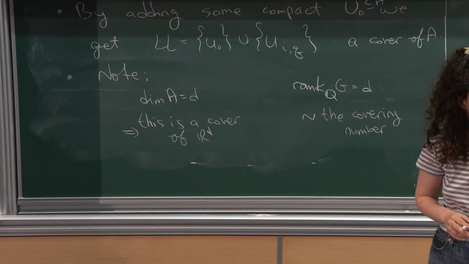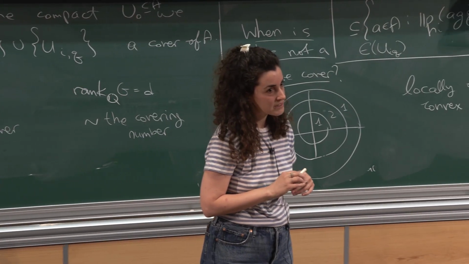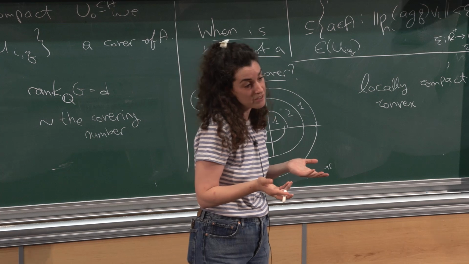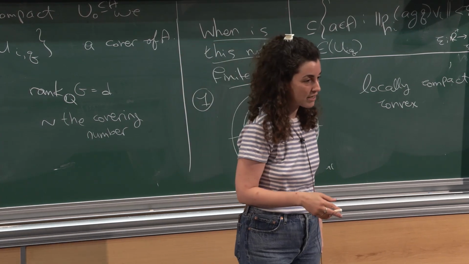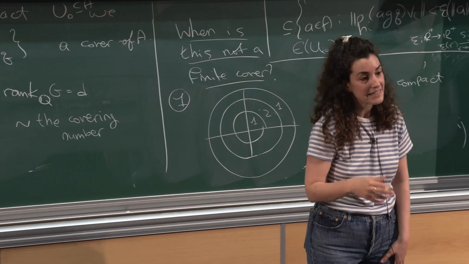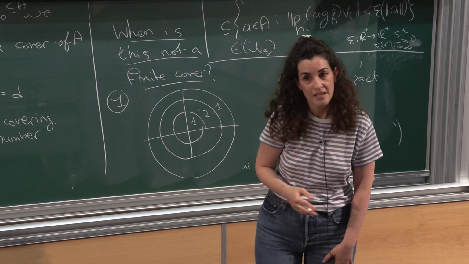It can get kind of tricky. You would expect that it's bigger than d-1, right? If you're in R^d, you should have at least d-1. You can get that it's at least d-1 by the same argument.